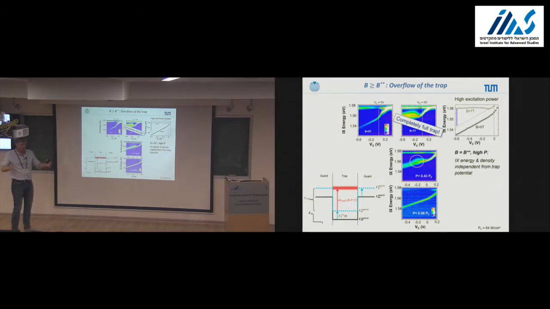You not only have one extended phase, but maybe localized phases on there. But the more we pump, it overspills the trap, so that levels off basically what we can measure. For instance, at minus 0.6, we have to pump as hard as the maximum power, but at minus 0.2, we only have to pump 40% to fill it up. So it's this interplay between the magnetic field, laser power, and gate voltage.